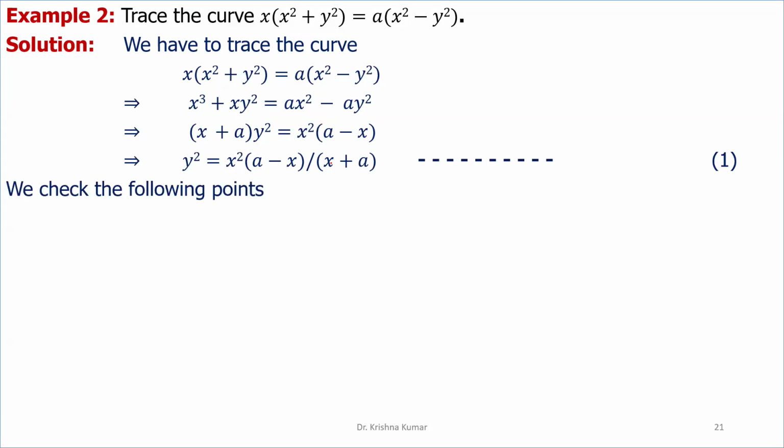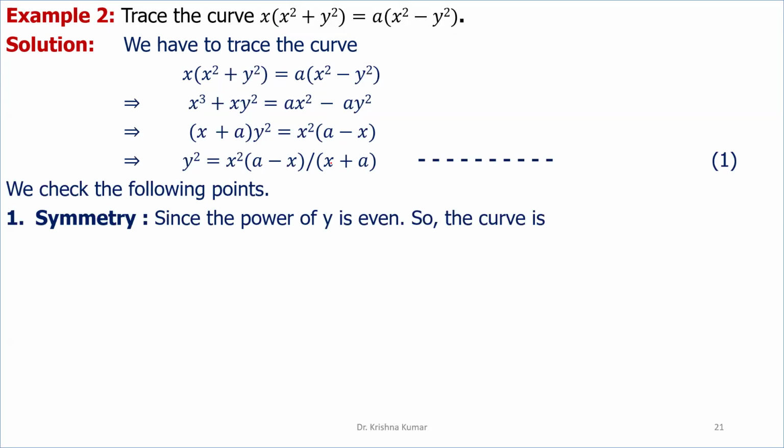Now we check the following points to trace the above curve. The first point is symmetry. Since the power of y is even, the curve is symmetric about x-axis. If we see the whole equation, the power of y is only even.